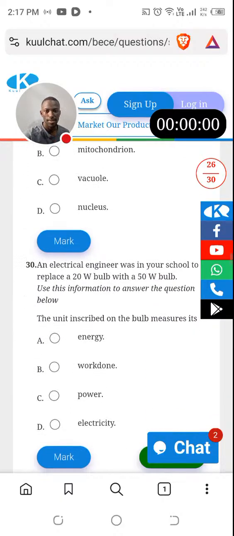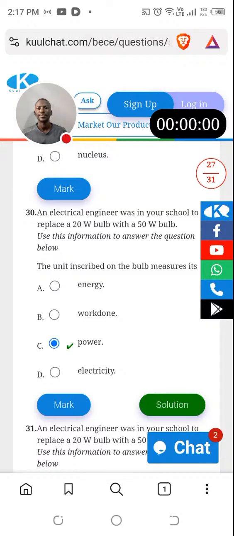26. An electrical engineer was in your school to replace a 20-watt bulb with a 50-watt bulb. Use this information to answer the question below. The unit inscribed on the bulb means power.